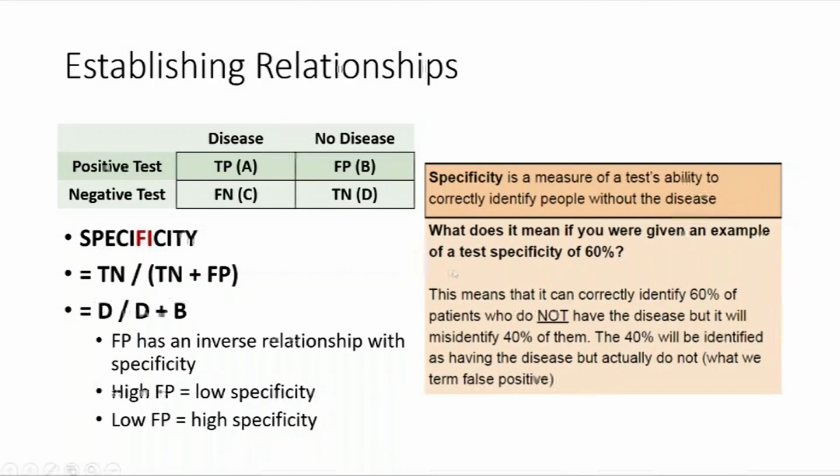Look at specificity: true negative, divide by true negative plus false positive. There is an inverse relationship between the false positive and specificity. So when the specificity is high, that means the false positive is low. And when the false positive is high, that means the specificity is low.